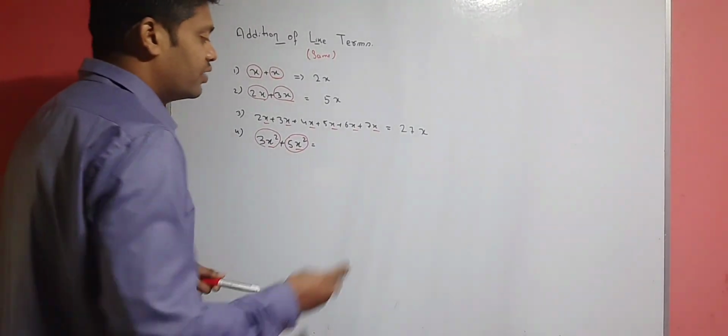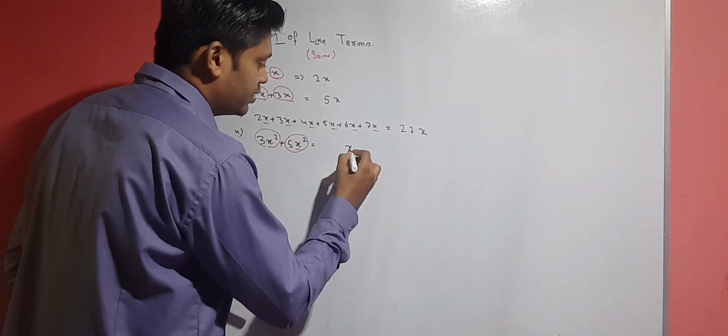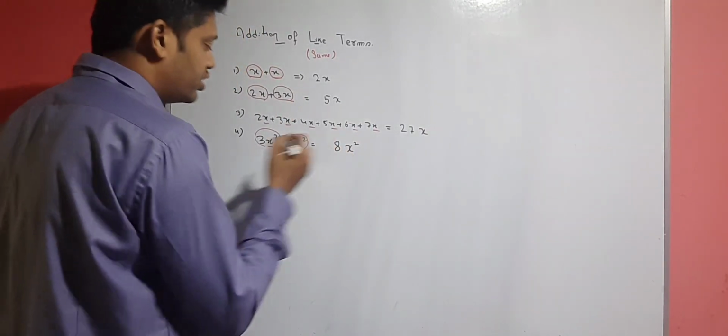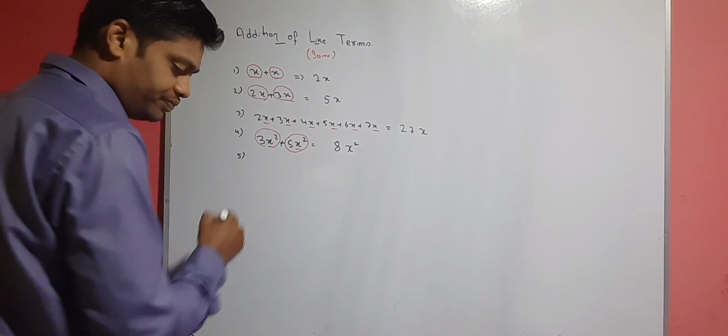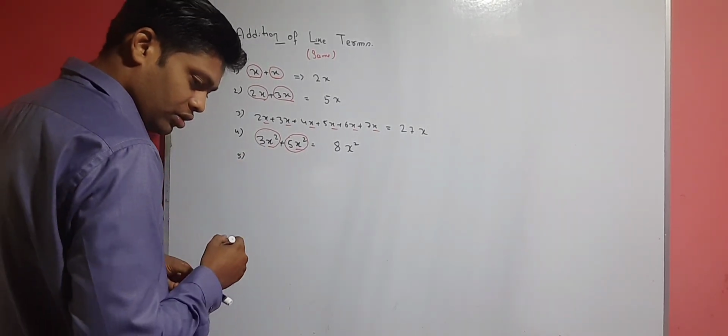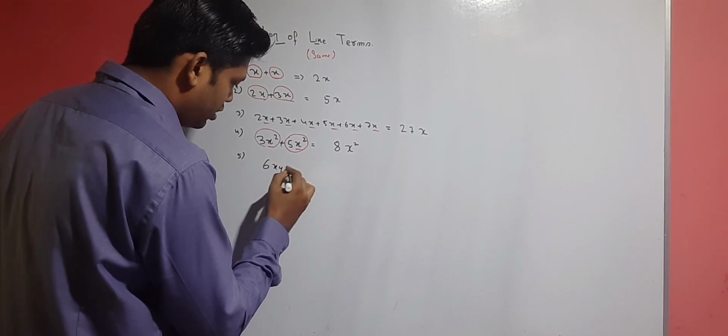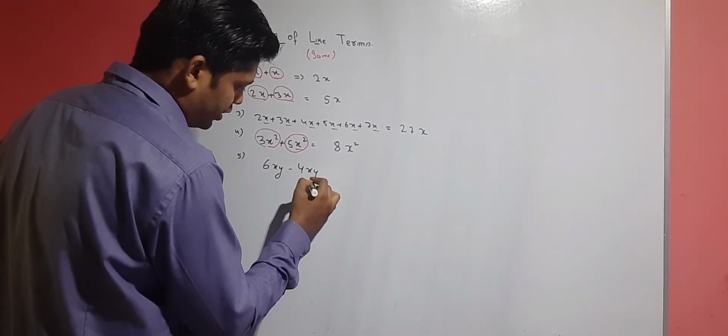Same variables means they can be added up. So write x square. Now 5 plus 3 is 8 because it's addition. Now the fifth one, 6xy minus 4xy.